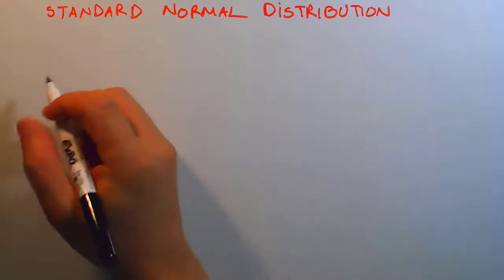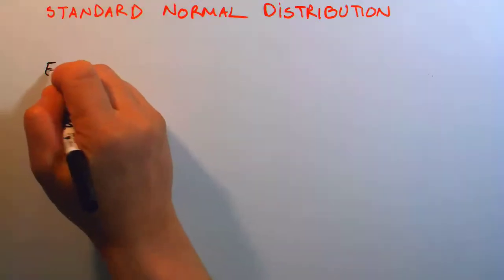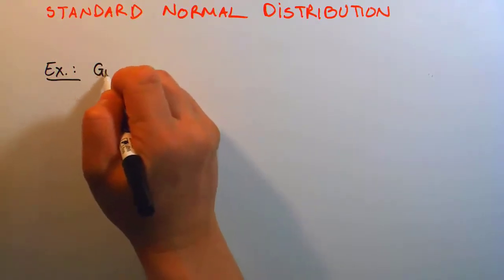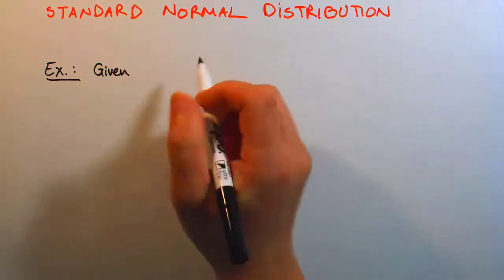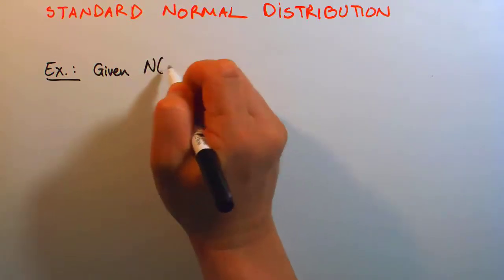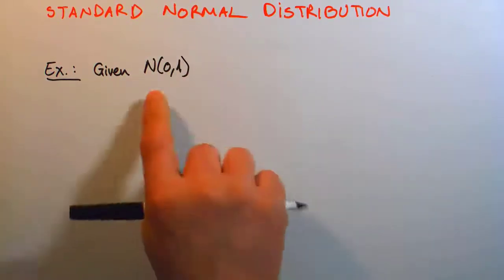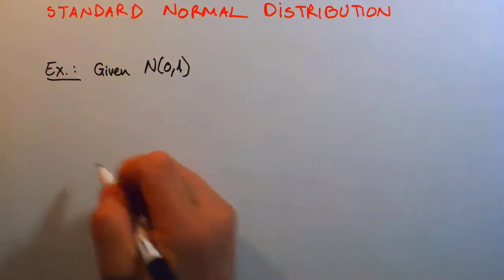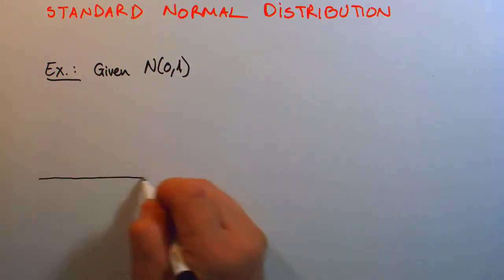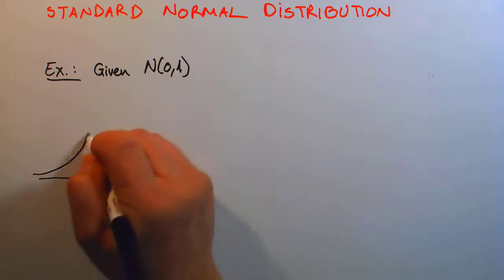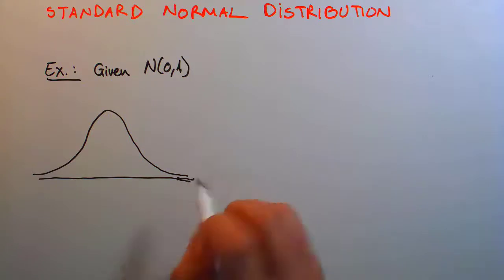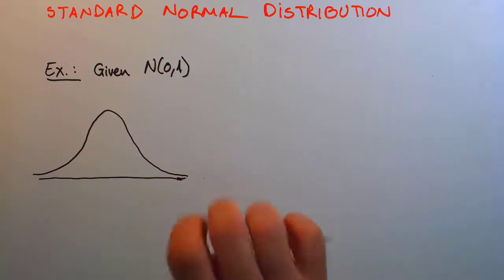And so now, quickly, I can bring up a simple example here. Let's say we're now given an N(0,1), meaning we're on the standard normal distribution. Then once again, immediately let's draw for ourselves a nice symmetric bell curve here, but the variable's name on the horizontal axis here is the z variable.